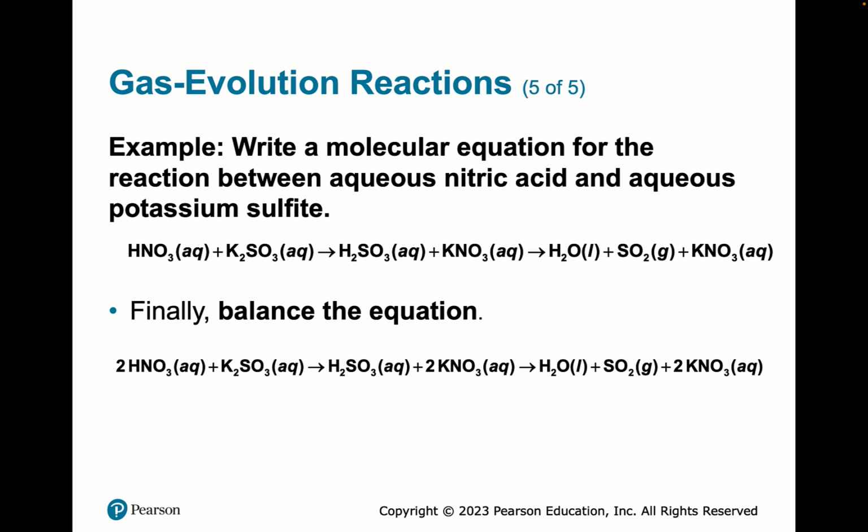On both sides of the equation there's going to be two potassiums, so you need two nitrates, and then you need two nitric acids, and then there's an extra oxygen. Oh, the extra oxygen goes in the water. Okay, then you are balanced.